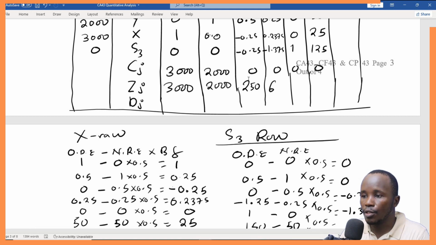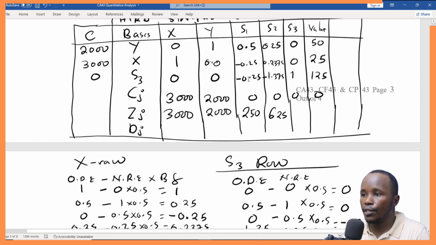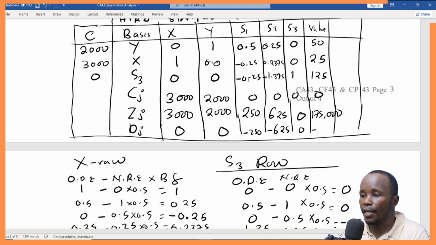This is 625, then this is 0, and then this is 175,000. Cj minus Zj, I said you take Cj minus Zj. So here I have 0, 0, negative 250, negative 625, 0, negative 175.